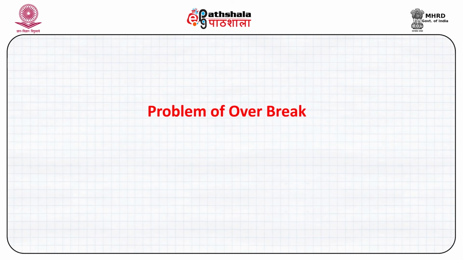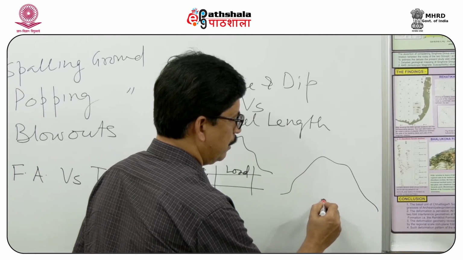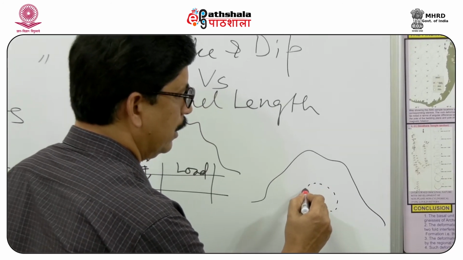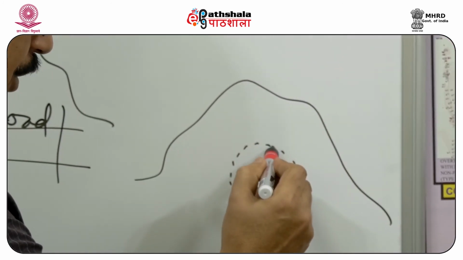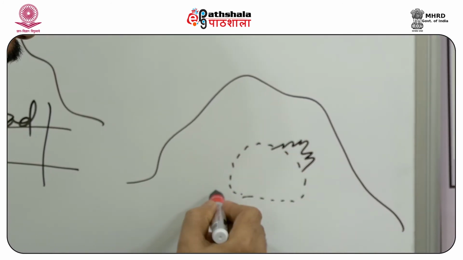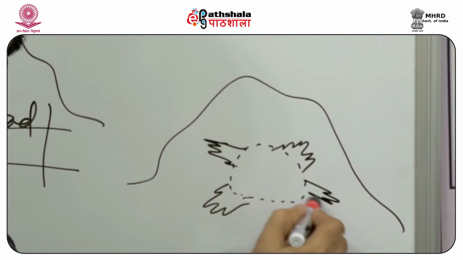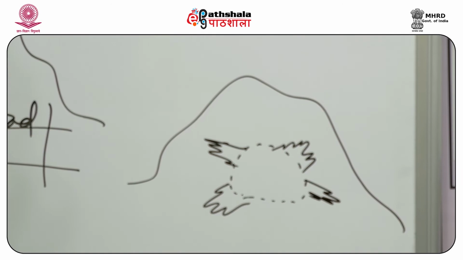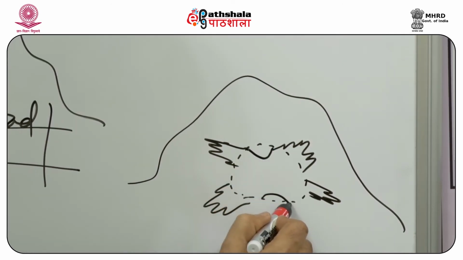There is always an issue of overbreak and underbreak. When we go for excavating tunnels, for example, this is our required tunnel dimension. When we go for excavation, especially by drilling and blasting techniques, at some places we may have overbreak, and in some cases we may have underbreak.